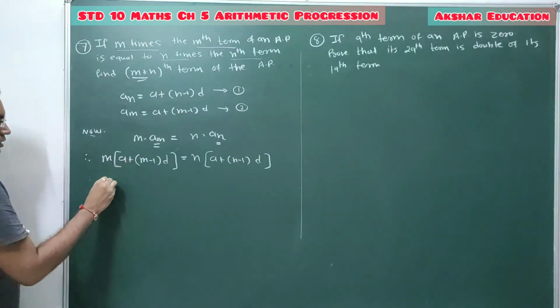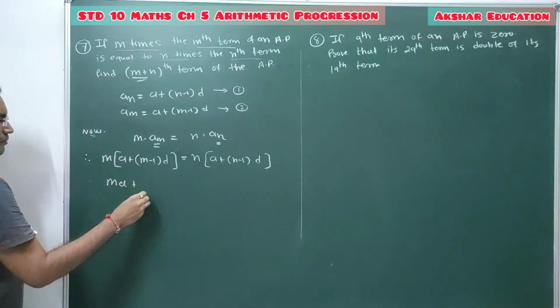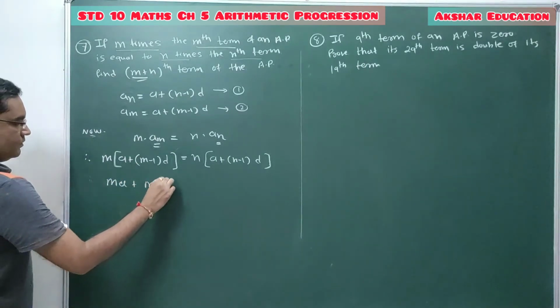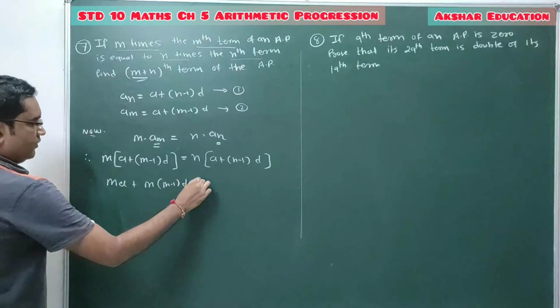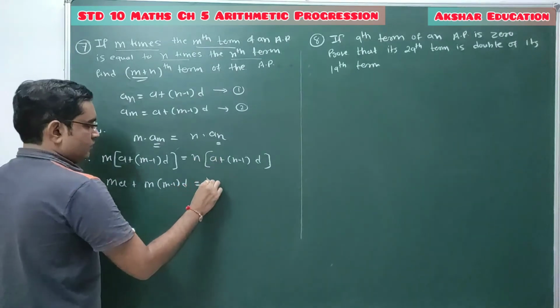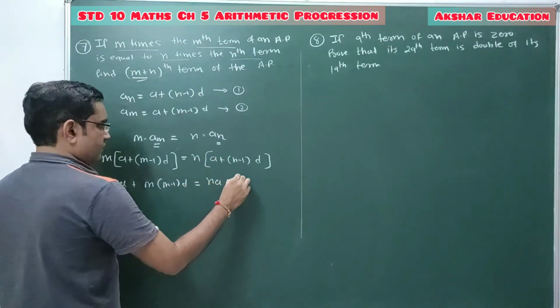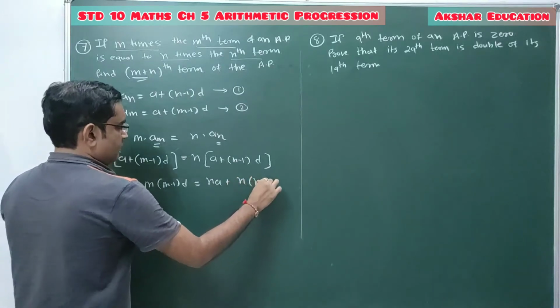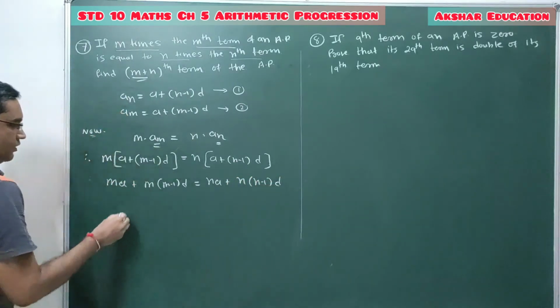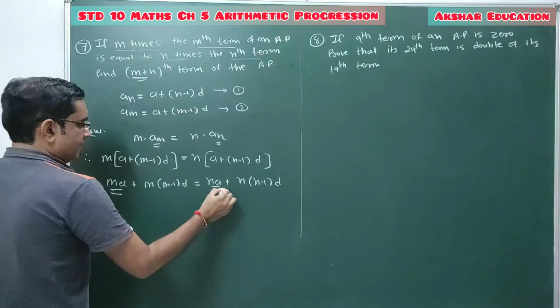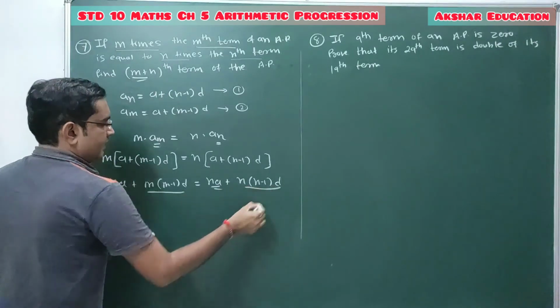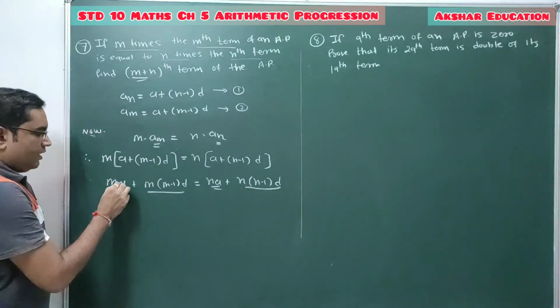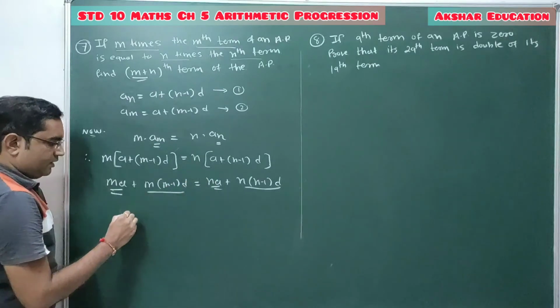Simplification: this will be m into a plus m minus 1 into d. This is equal to n into a plus n minus 1 into d. Now taking these two terms on the left hand side and keeping the other terms on the right hand side. So this is ma minus na.